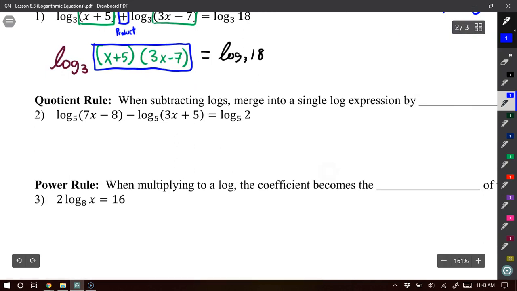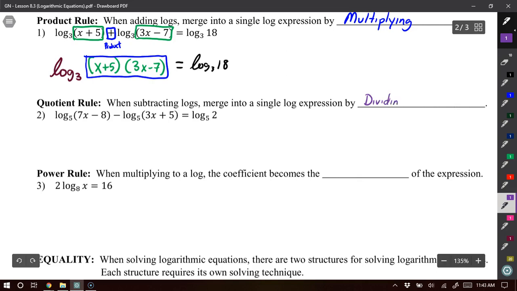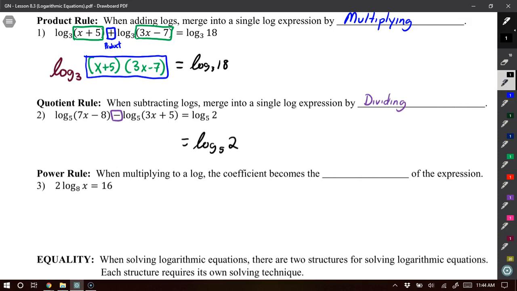Quotient rule says when you are subtracting logs, you can merge them into a single logarithmic expression by dividing. So when I see log base 5 of 7x minus 8 minus log base 5 of 3x plus 5 equals log base 5 of 2, I see right away there's a minus sign. Too many expressions on the left-hand side. I like the right-hand side, which only has one expression. It's so simple. Log base 5 of 2. Good.